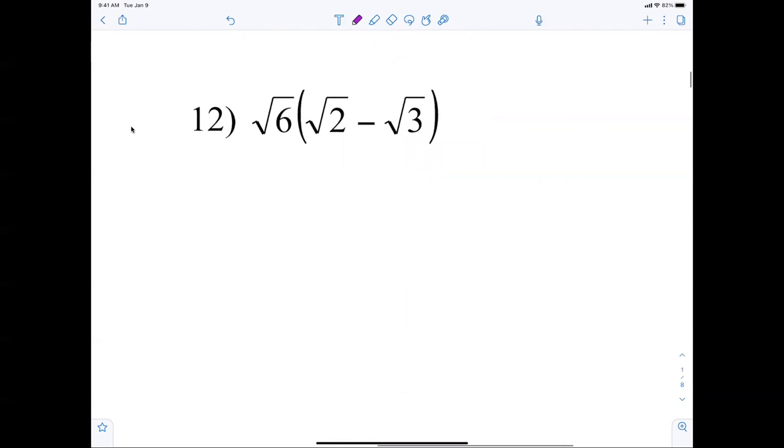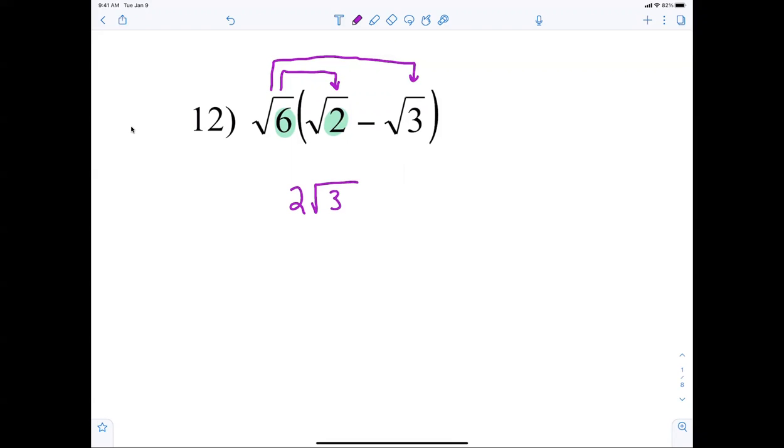12. Now we're going to distribute the square root of 6. But I prefer that you not say it's the square root of 12, although you can. I would ask you to say what's common with 6 and 2. There's a common 2. And what's left behind? 3, right?